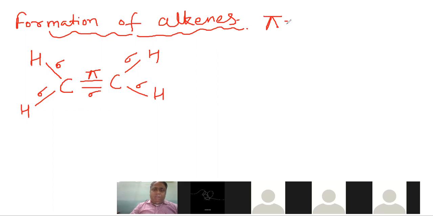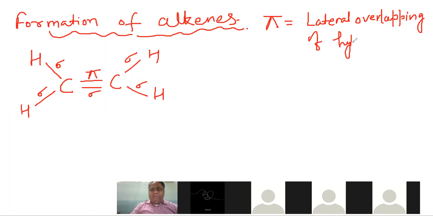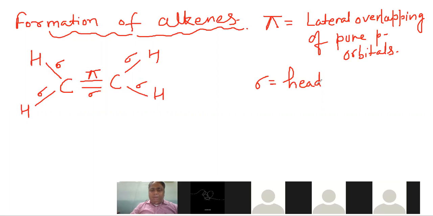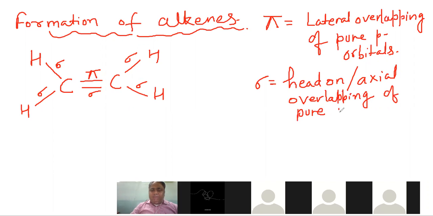So a pi bond is formed by lateral overlapping of pure p orbitals, whereas the sigma bond is formed by head-on or axial overlapping of pure as well as hybrid orbitals.